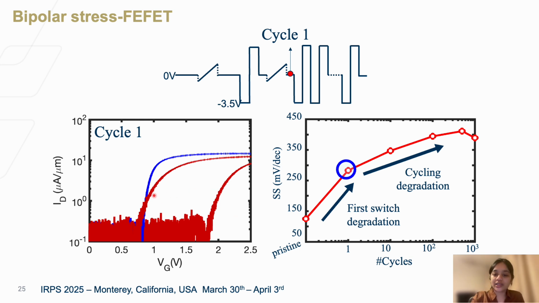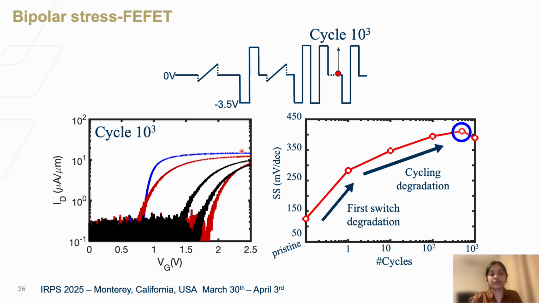But now if we look at the subthreshold slope of this device, that gives us a much higher value. Between the very first write pulse and the second pulse, we see a significant jump in the degradation. SS goes from about 70 to 80 millivolt per decade to about 250 millivolt per decade. So this is what we call the first switch degradation.